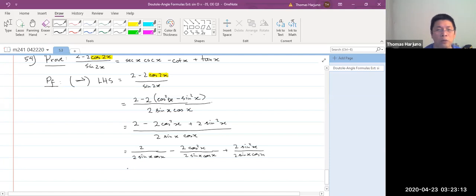Now then we will simplify. The 2 here cancel, right? It becomes 1 only on the top. So that will be 1 over sine x cosine x, right? While the 2 cancels. Actually, one of the cosines also cancels, right?